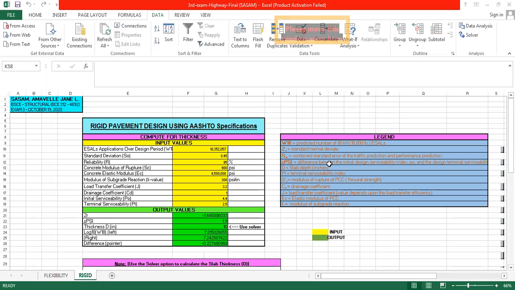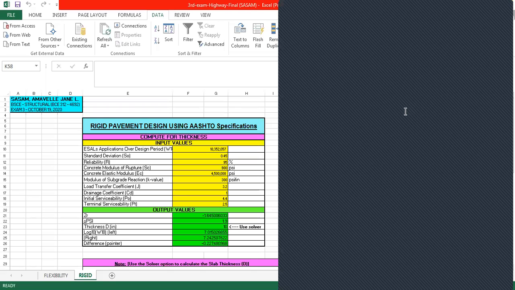So we have here our example for rigid pavement design for the slab thickness determination. A rigid pavement is designed to provide a service life of 20 years and has an initial PSI of 4.4 and a PSI of 3.5. The modulus of subgrade reaction is determined to be 300 pounds per cubic inch.